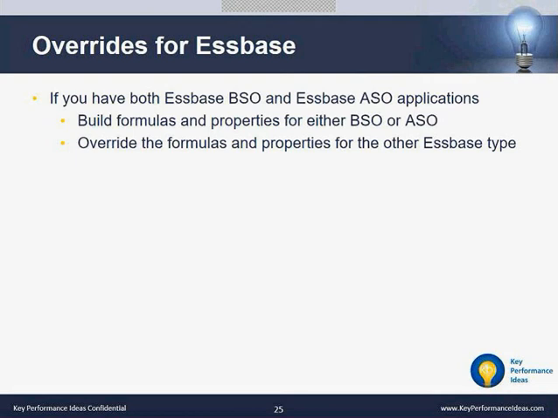Unfortunately, this is a little thing with EPMA where it doesn't support both BSO and ASO applications in the same environment as well as you might like. The members themselves will be shared, and aliases come across well. It's just things like formulas, where there's a different syntax between BSO and ASO, and some of the properties might be a little bit different as well.